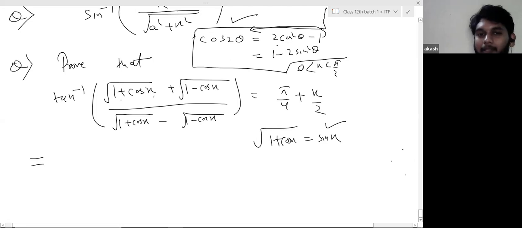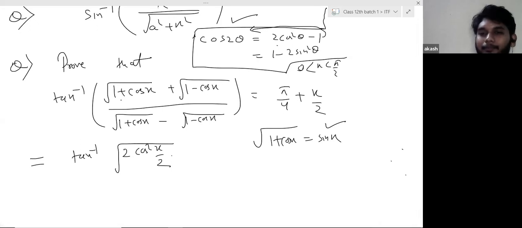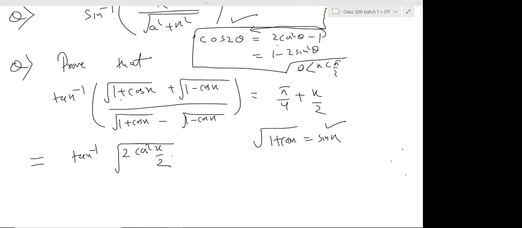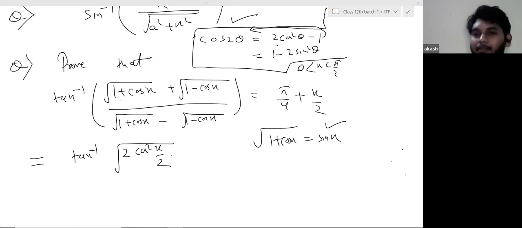So 1 plus cos x we can write 2 cos square x by 2. All right. This is clear to everyone. Shikani, is it clear now? Yes, sir. Whenever you see 1 plus cos x, write 2 cos square x by 2.